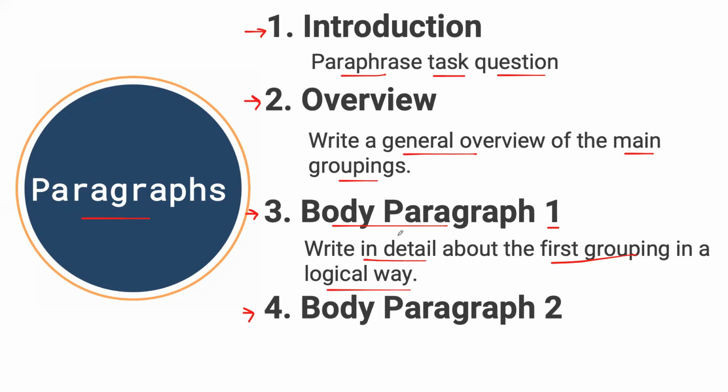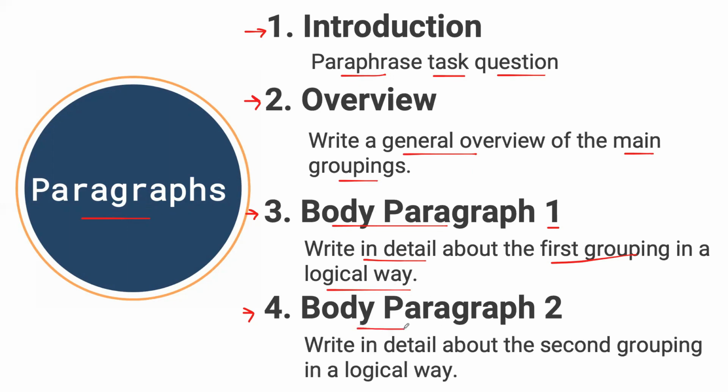So we are going to use details in the body paragraphs, not the overview. And our body paragraph 1, in our case for the first example, is going to be all about the precipitation group. Then, you guessed it, body paragraph 2 is going to be all about the second grouping. And in our case, that is going to be about the heat difference and sunny hours group.